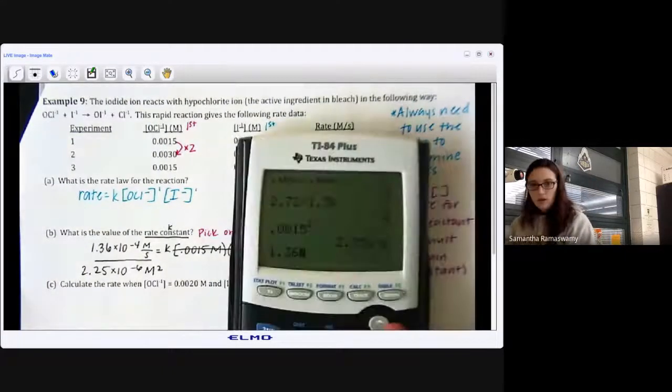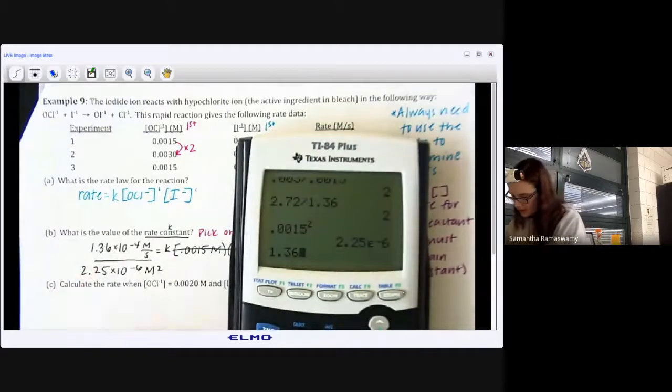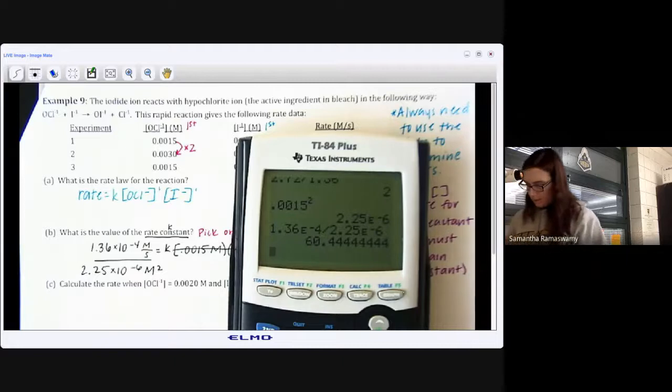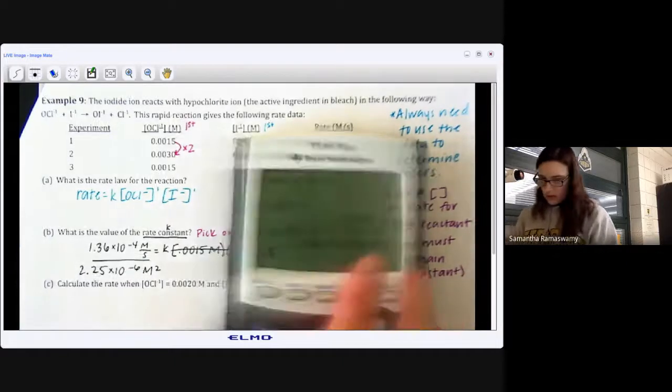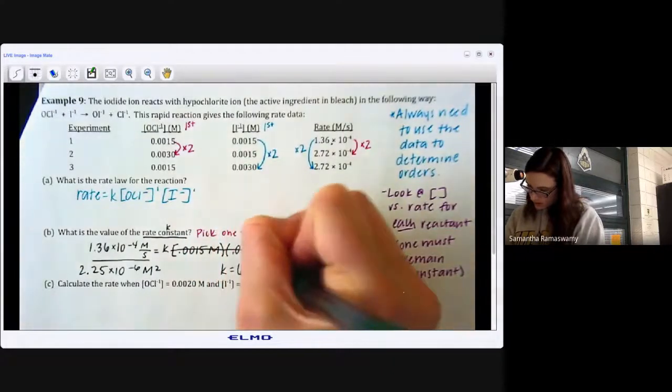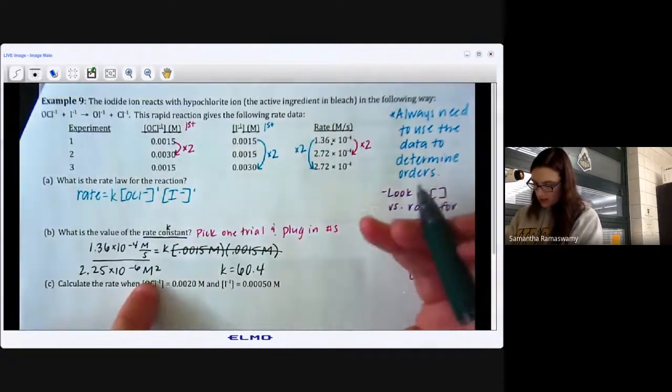So 1.36e-4 divided by 2.25e-6 gives 60.4. So 60.4. And then think about units.